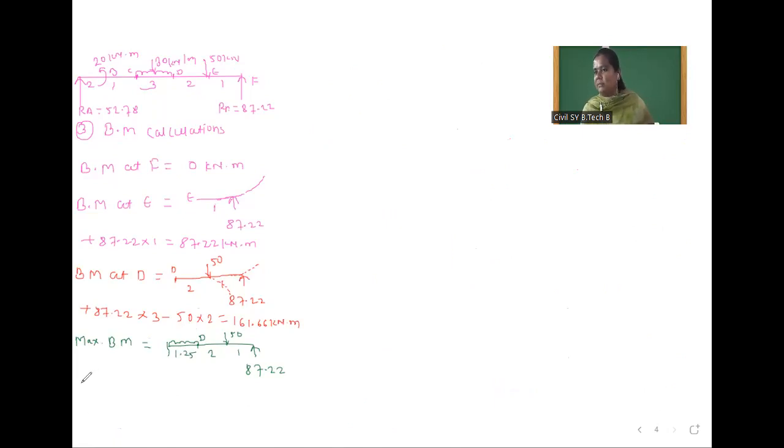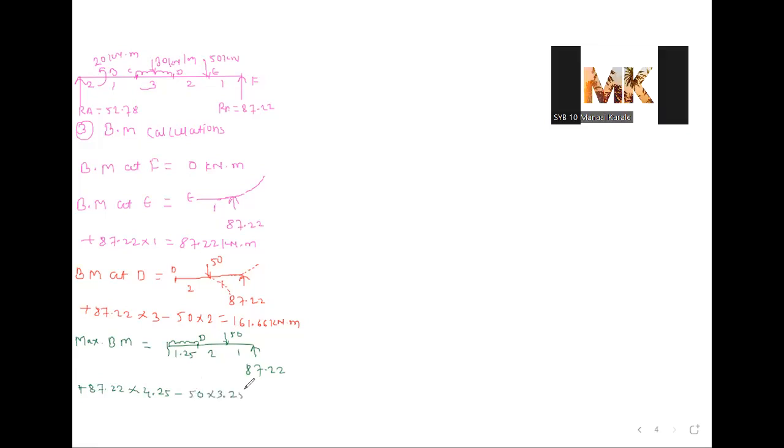Plus or minus? Plus, 87.22 into 4.25. Then next, this 50 kilonewton force is there, na? So minus 50 into 3.25, and after that this is UDL.